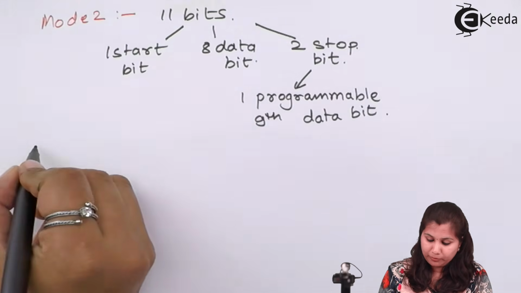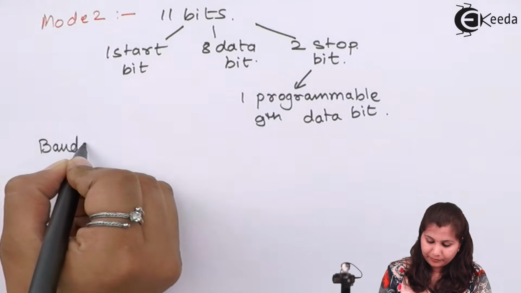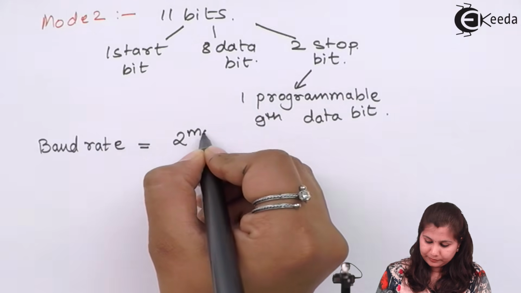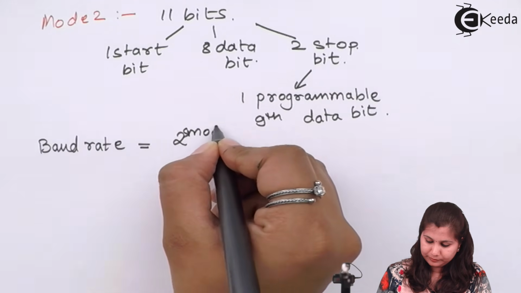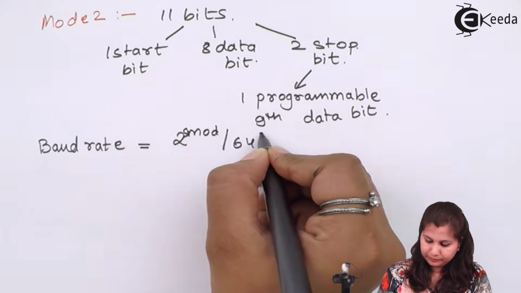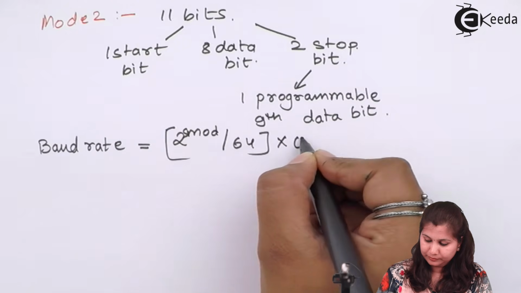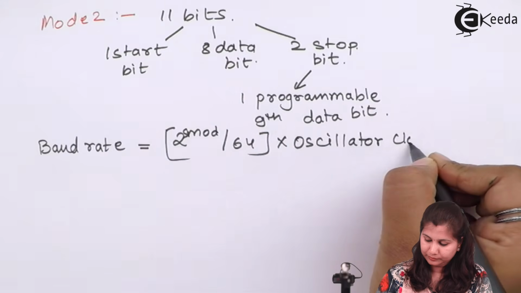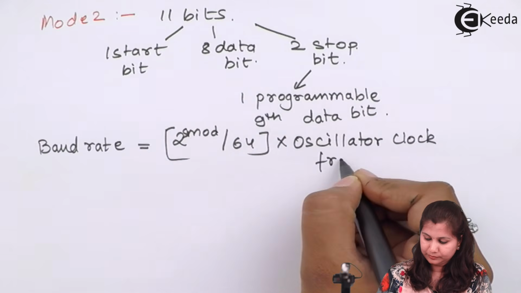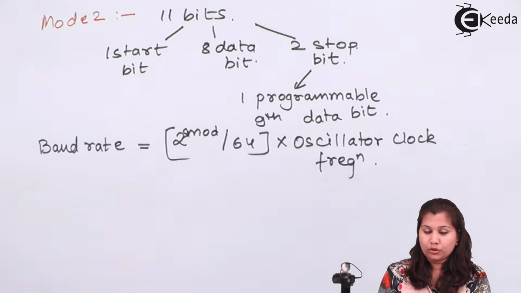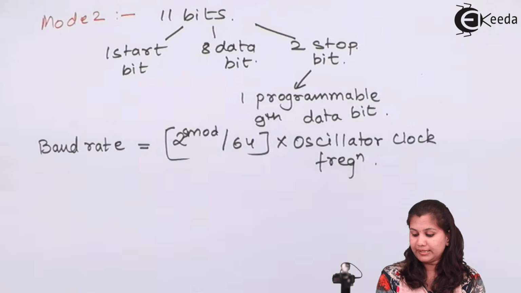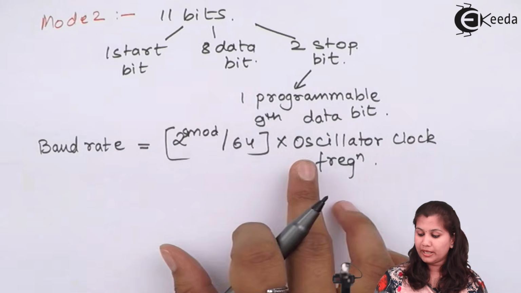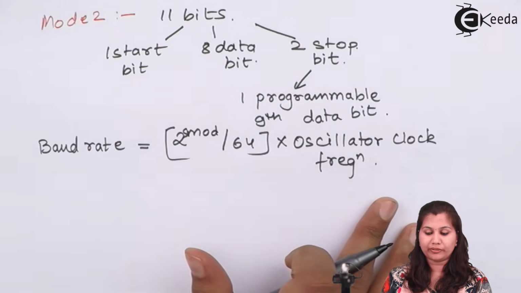If we talk about the baud rate, in mode 2 the baud rate is equal to 2 raised to SMOD divided by 64 into the oscillator clock frequency.